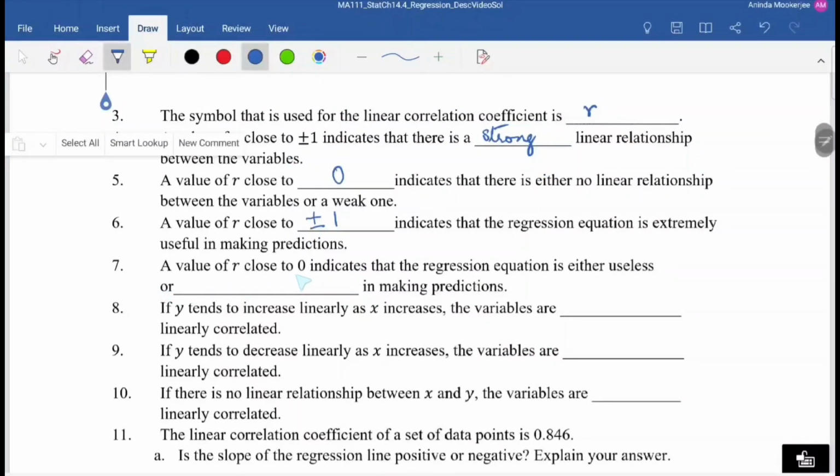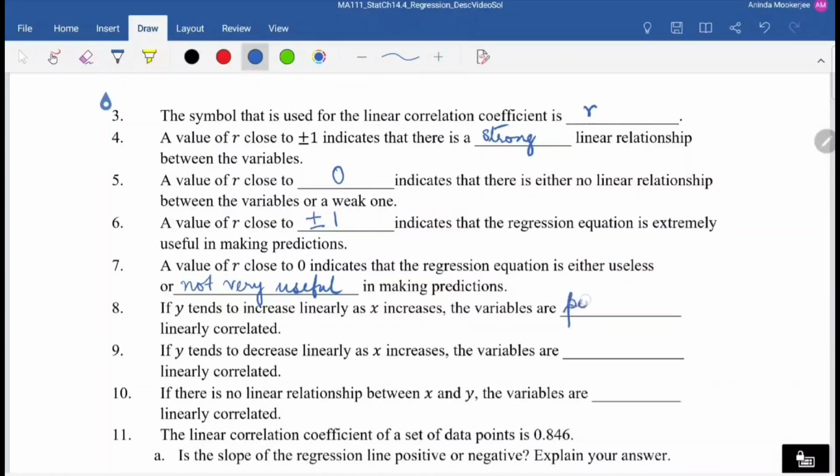Number 7, a value of r close to 0 indicates that the regression equation is either useless or not very useful in making predictions. If y tends to increase linearly as x increases, the variables are positively correlated.